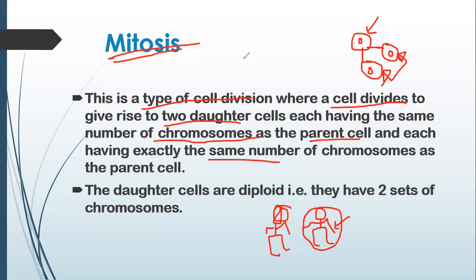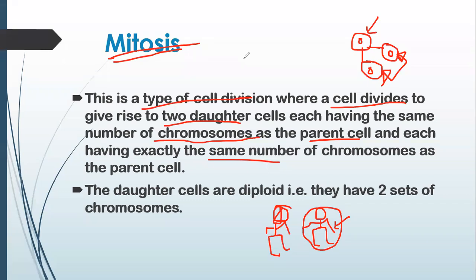So also in mitosis, one cell divides to give rise to two daughter cells, and each daughter cell is exactly the same, with the exact number of chromosomes as the parent cell.